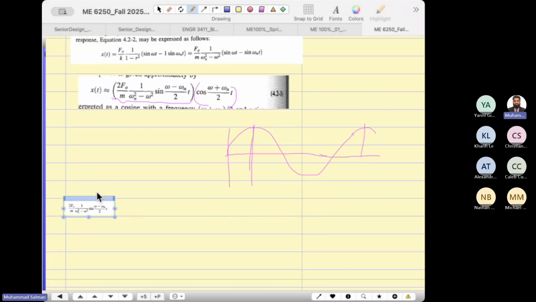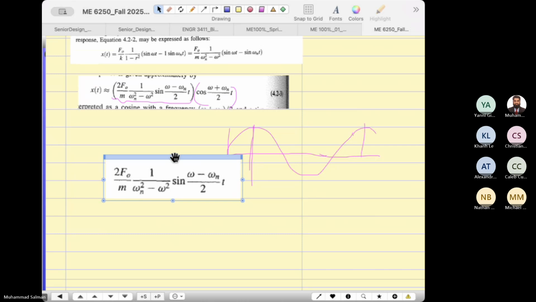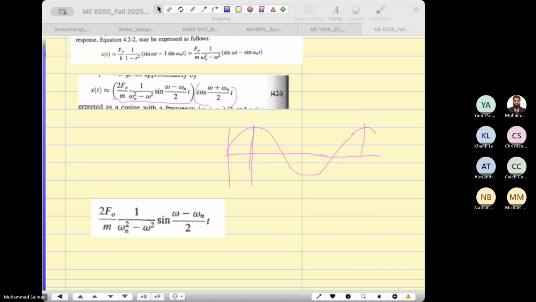The final answer for the steady state displacement can be written in the form of a sine wave, and the amplitude is 2 f naught over m times (omega n squared minus omega squared). That amplitude varies with the frequency difference.